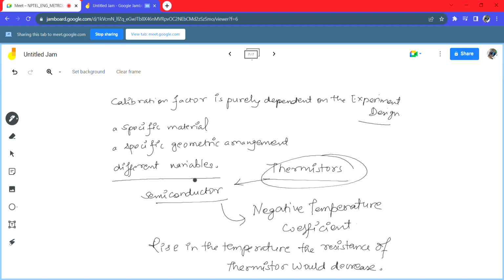So it is very important here that we chose semiconductor for designing thermistors. Why did we choose semiconductor? What semiconductor did we choose?